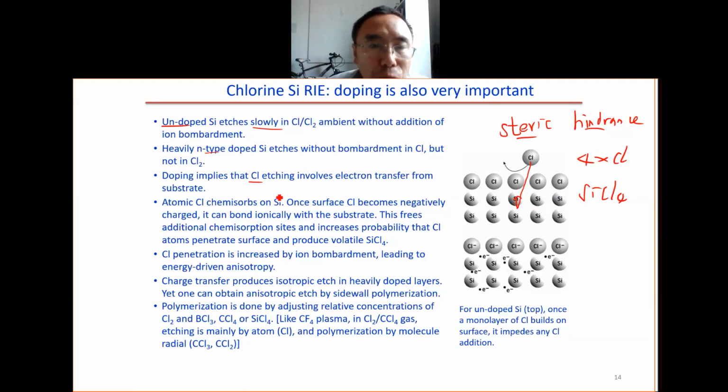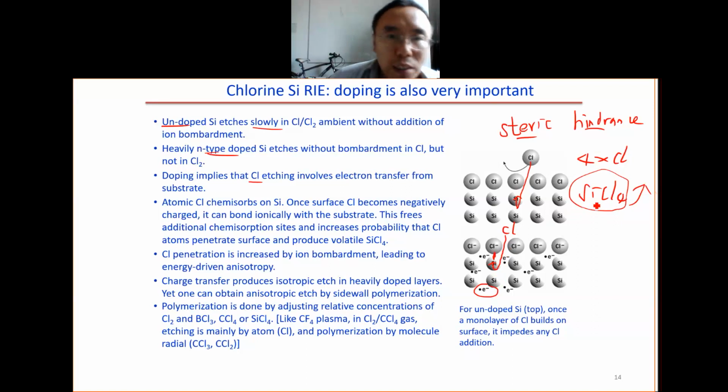But when we have n-type heavily doped silicon, we have lots of electrons. Those electrons can be transferred to the chlorine to form chlorine ions, so we have this chemical bond. When we have this chemical bond, the chlorine will be easier to go through the chlorine ion and come below the silicon surface to form silicon tetrachloride for the etching.